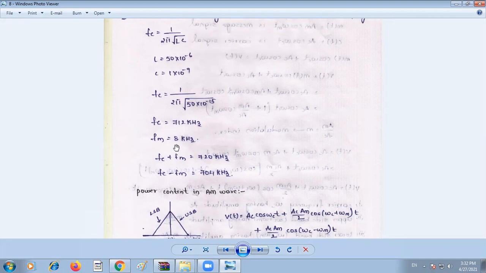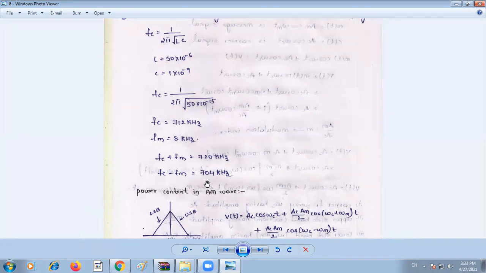FM is given in the problem, that is 8 kilohertz. Now, what do they ask about? The two sidebands. When FC is known and FM is known, FC plus FM is one sideband, that is 720 kilohertz. FC plus FM is the upper sideband, 720 kilohertz.